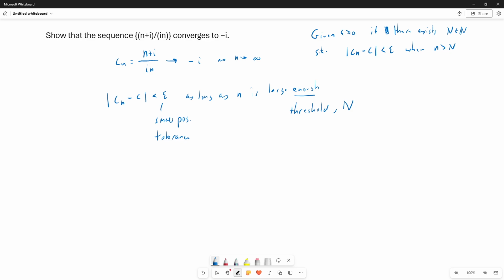So the epsilon is given, and we have to figure out the capital N that makes this work.